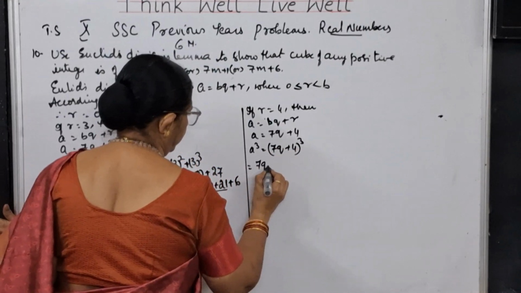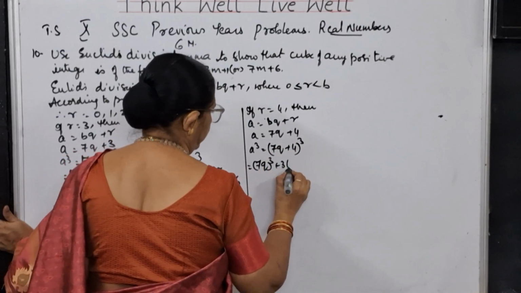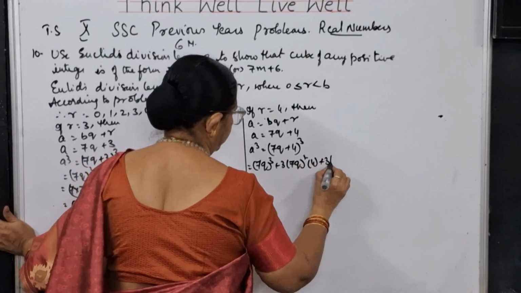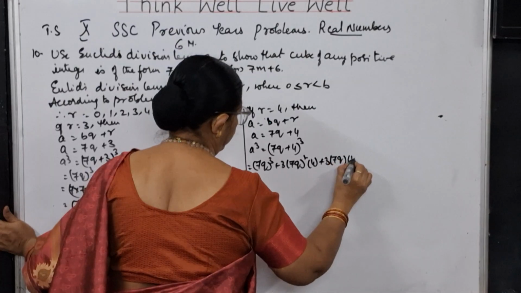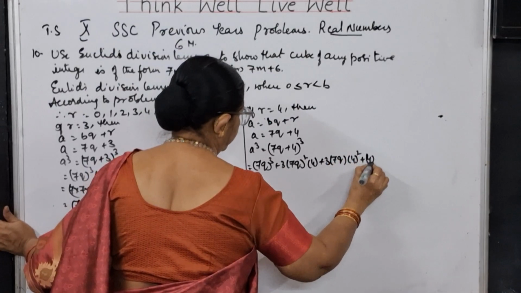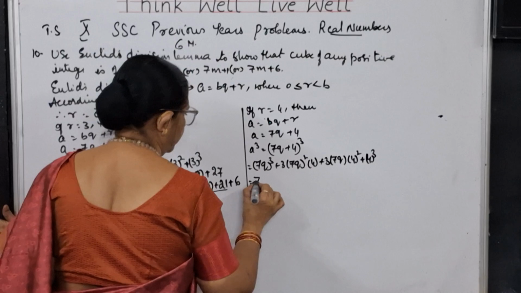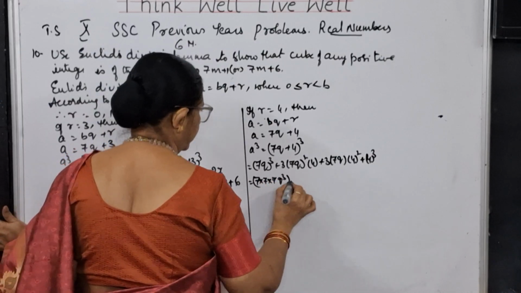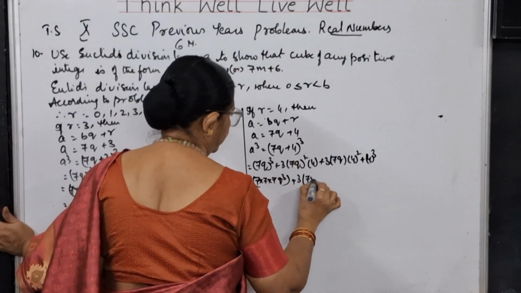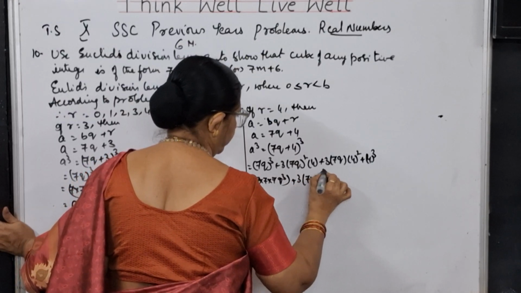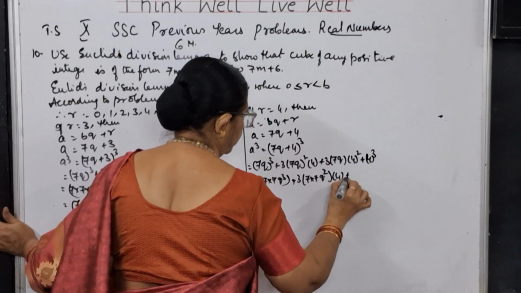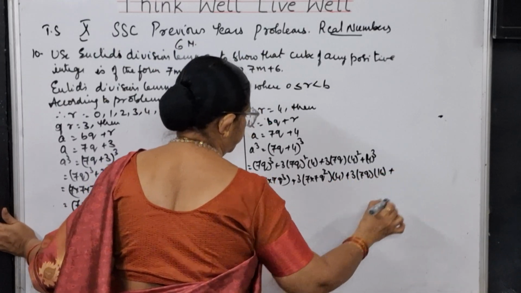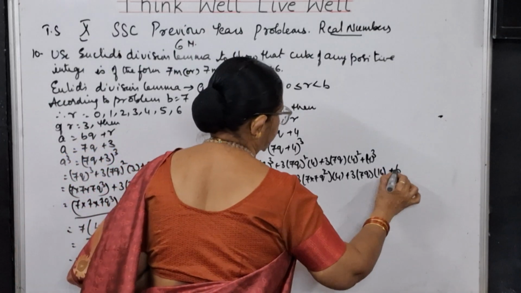That is a cube plus 3 into a square into b plus 3 into a into b square plus b cube. That is 7 into 7 into 7 q cube plus 3 into 7 into 7 q square into 4 plus 3 into 7q into 16 plus 64.